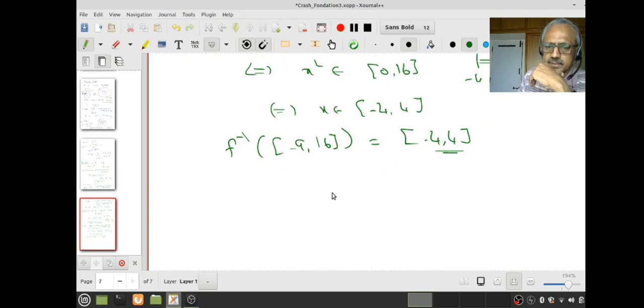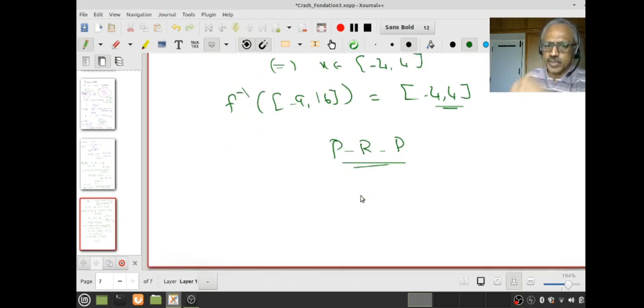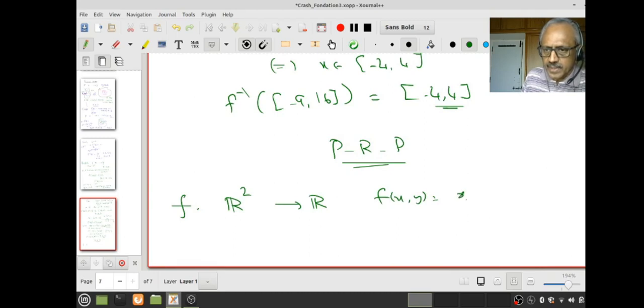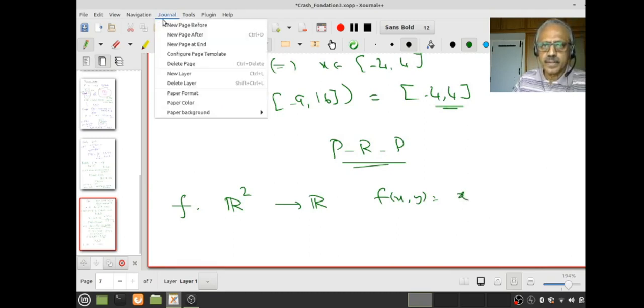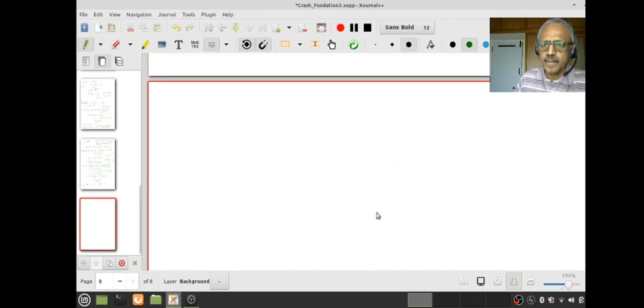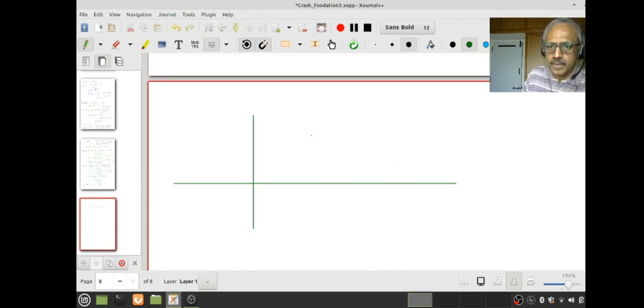Okay? This is just an example so that you get used to it. Yeah? If you want some geometry example, let us quickly look at this. Suppose I have f from R2 to R such that f(x, y) equals x. So I have this point.